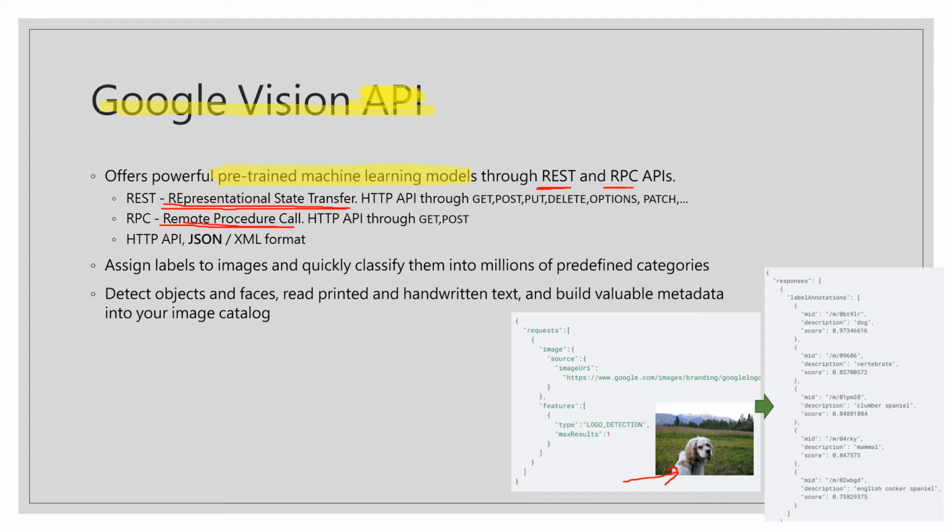So RPC is a little bit old, REST is a little bit trendy, but both of them are HTTP APIs, and then you can use JSON or XML, okay, to make your input. Okay, so today most likely we use JSON. XML again is a little bit old-fashioned.